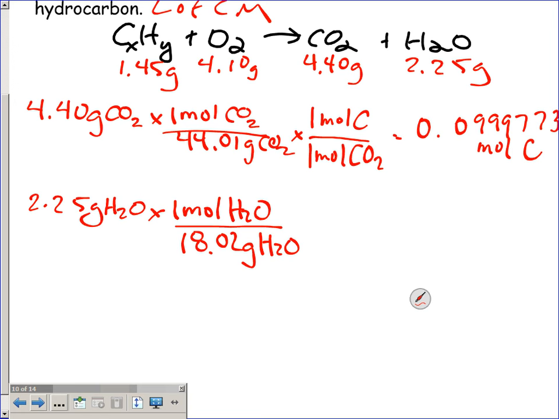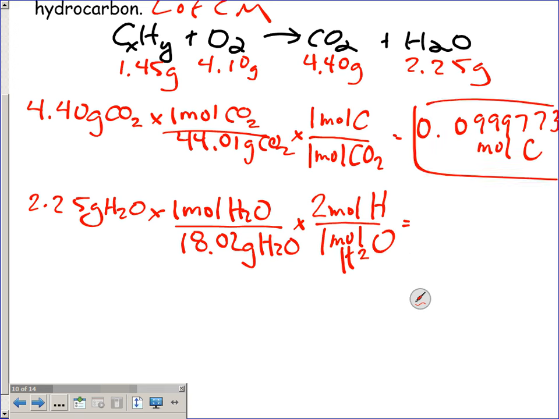We got our water. Now what am I going to? Okay, what's that internal mole ratio? 2, right, 2 hydrogens, and that's moles of just H, not H2. 2 moles of hydrogen for every 1 mole of water. Okay. What is this?